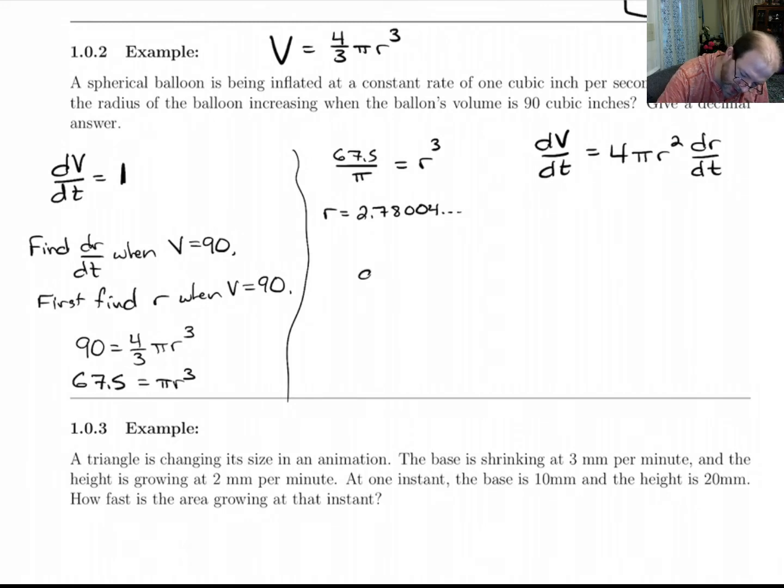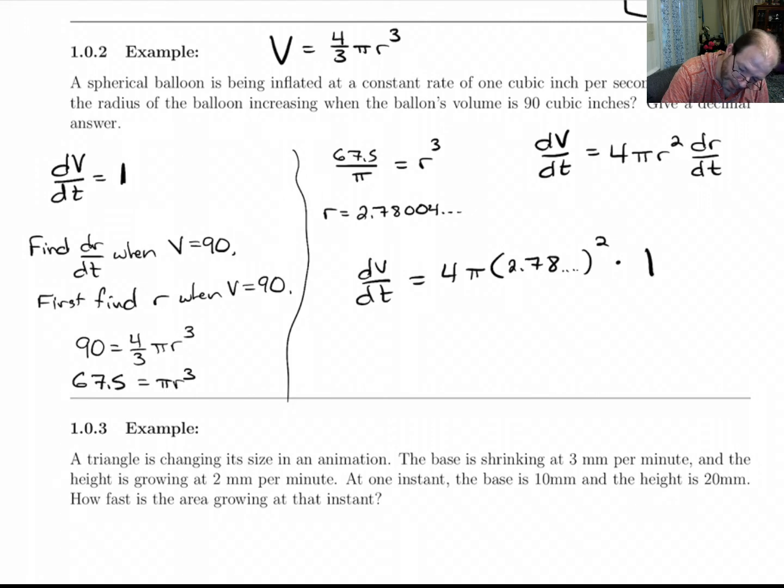So dV/dt at the instant we care about is 4 times pi times 2.78, and so on, squared, times dr/dt, which is 1. So let's look at this again right quick.